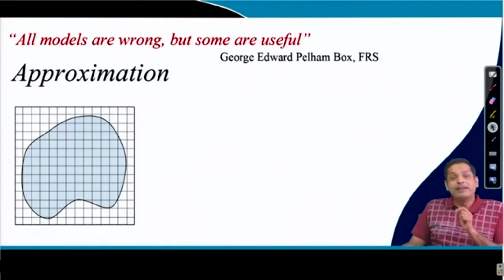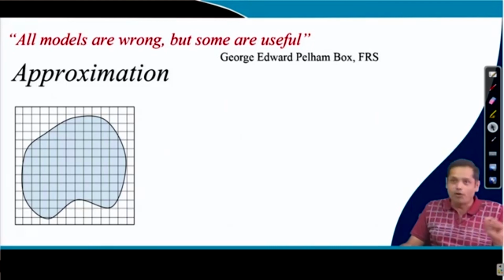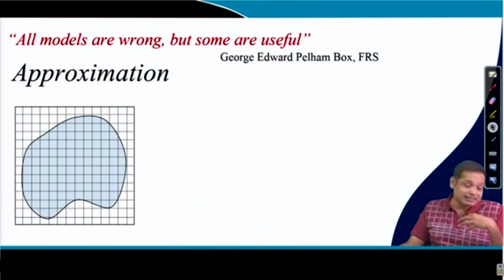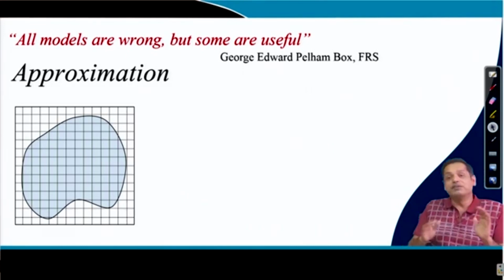Please note, if I say that multiplying the area of this square by the number of squares will give the area, that statement is a wrong statement. That will not give the area. That will give an approximate area. That estimation is an approximation of the actual area, right?